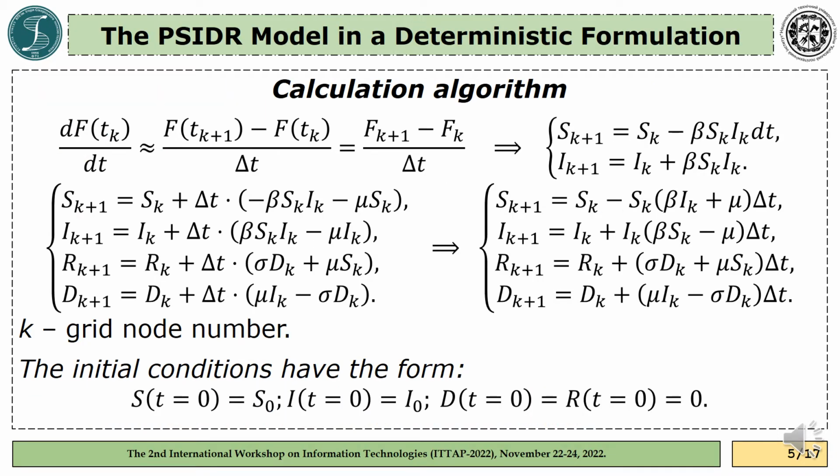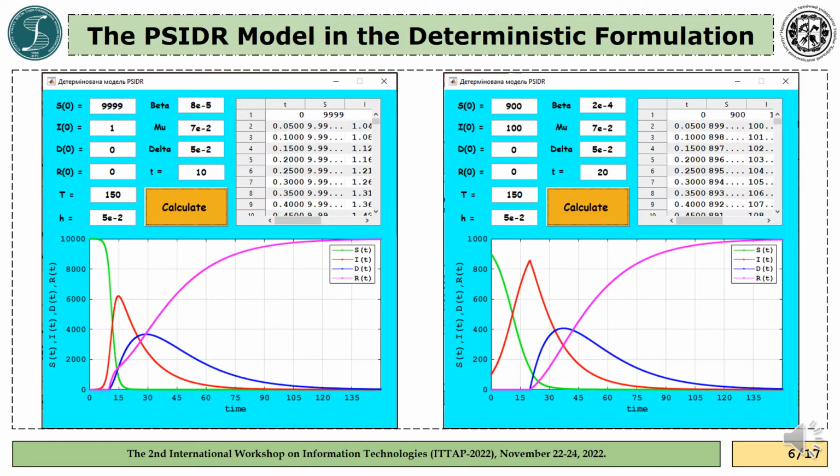On this slide we have a simple algorithm. This algorithm is the Euler algorithm, and we have a simple scheme for modeling in MATLAB. On this slide we have mathematical and computer modeling.